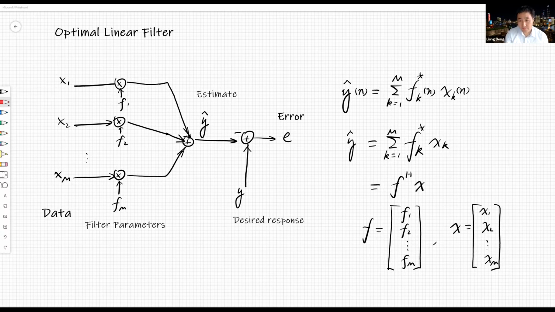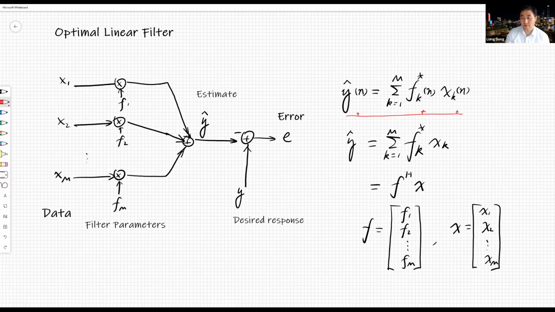So in the time domain, if we look at this equation, using this pen, this is a convolution of x with f, and we get the output y. Now, our job is to find those coefficients, the f's, such that we have a very nice filter, so that for all the x, I can estimate a y.